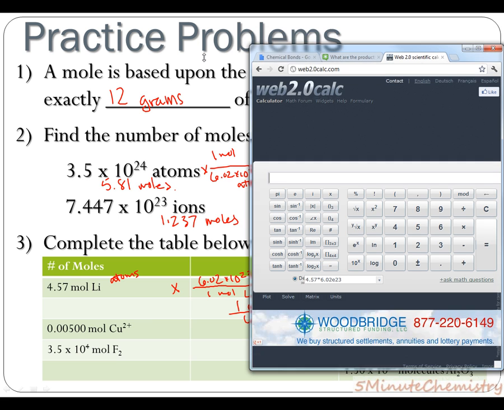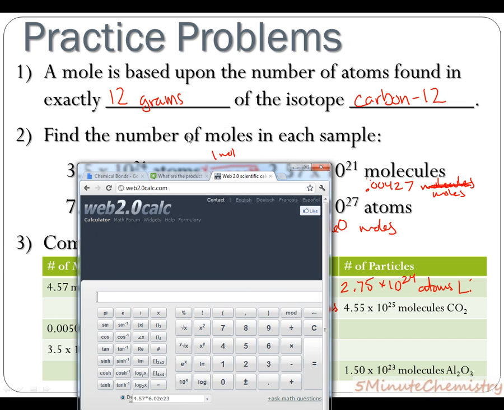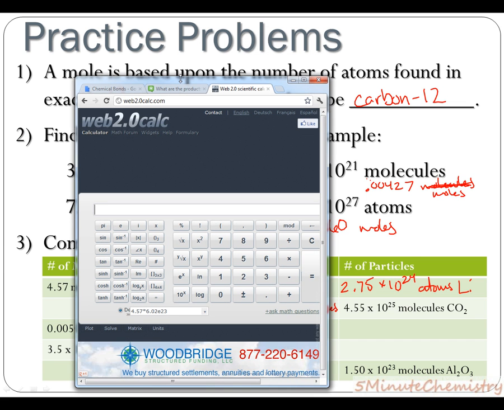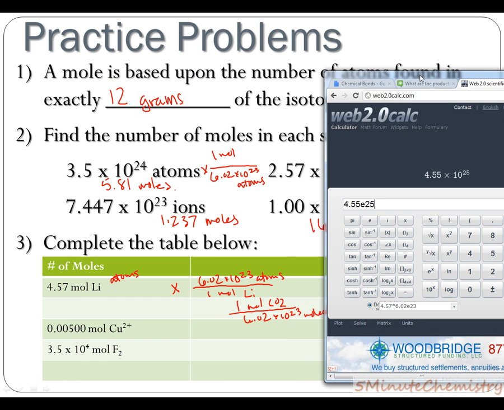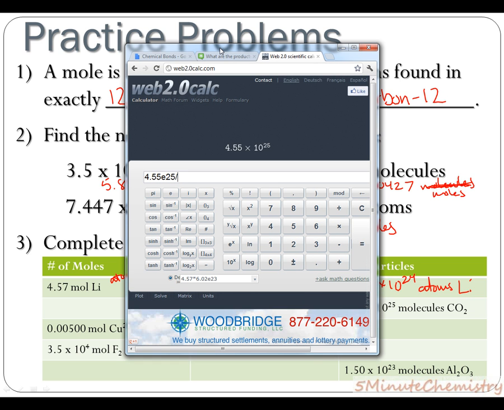When we do the math, same exact process. But this time around, we're looking at 4.55 times 10 to the 25. 4.55 E25. And because we're starting with molecules, the 6.02 times 10 to the 23rd is going to be on the bottom. So we divide by 6.02 times 10 to the 23rd.